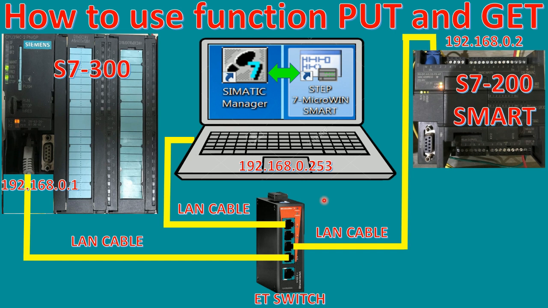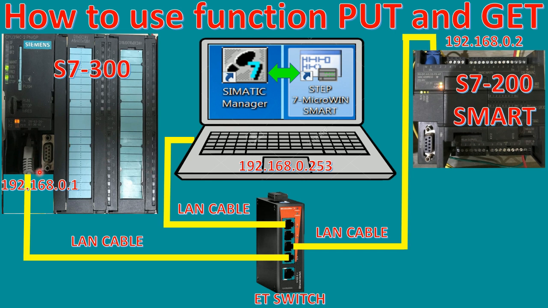Okay, so before we go to create the program, I would like to explain a little bit about the concept, and I will use the software SIMATIC Manager and STEP 7-Micro/WIN SMART to configure the hardware and create the logic for the test.